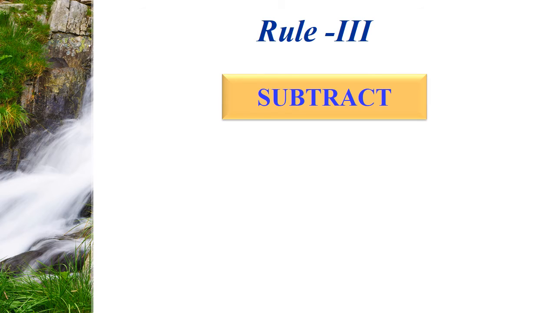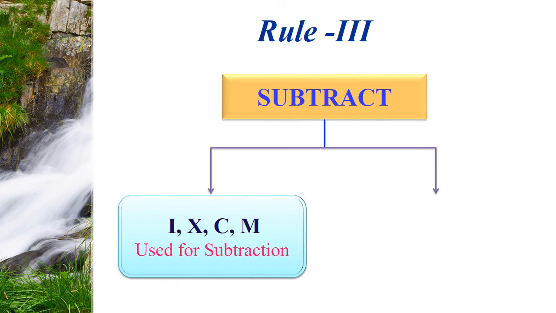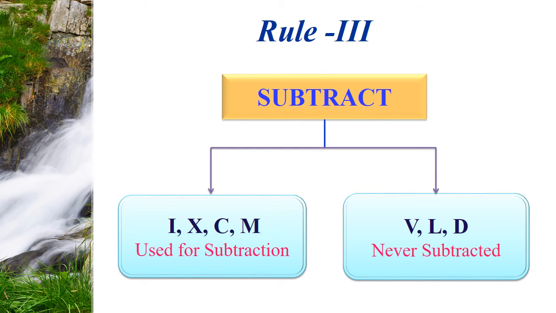Let's see the third rule. The symbols I, X, C, M are used for subtraction. But the symbols V, L, D are never subtracted.